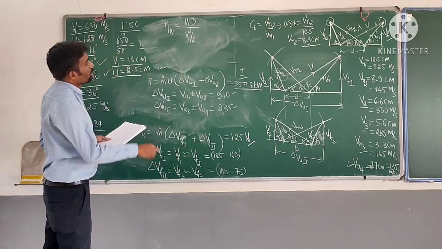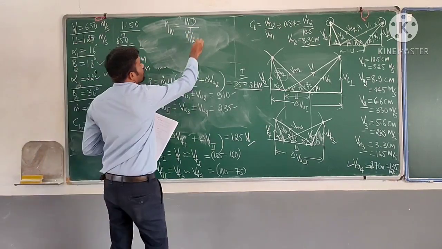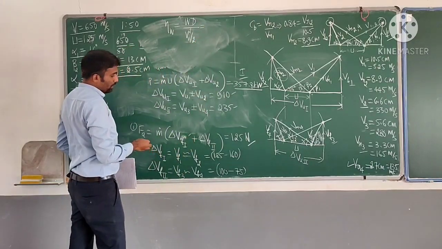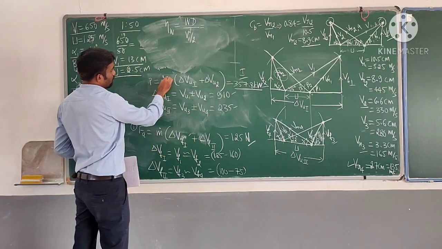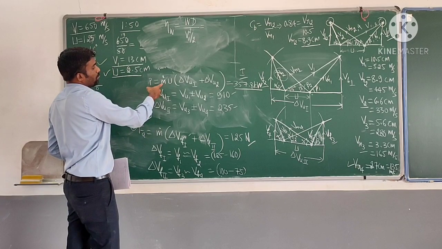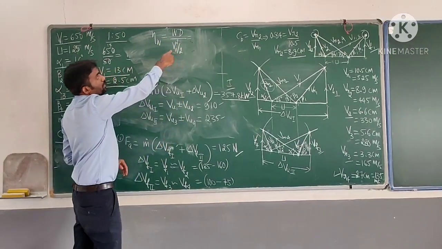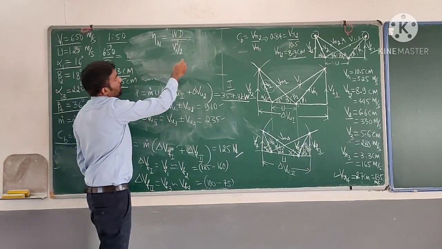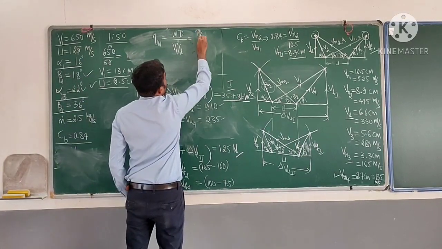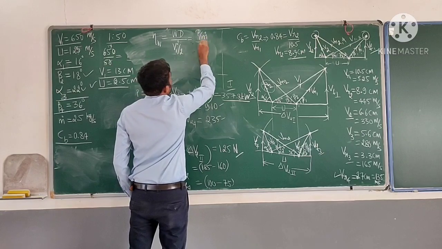Okay. So yes, we are taking both per kg only. So if I take out the m dot, efficiency of the wheel is work done by the input energy supplied, which is kinetic energy. So work done we know can be written as P by m dot also.